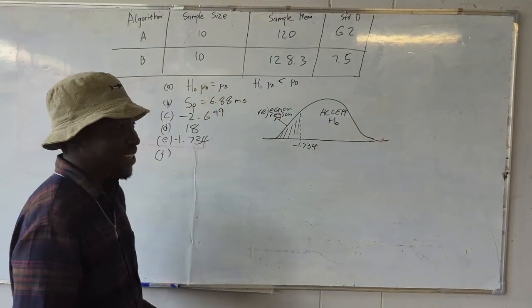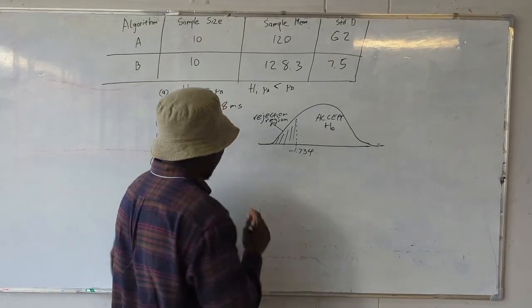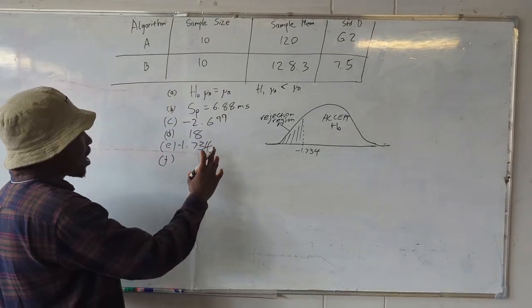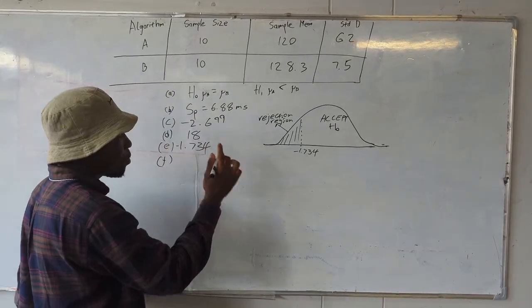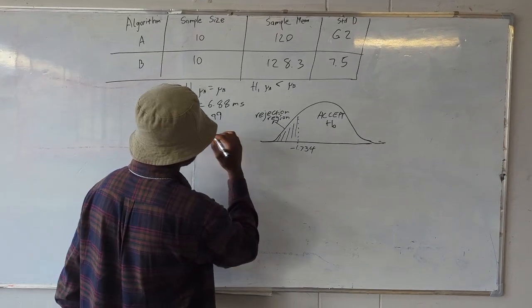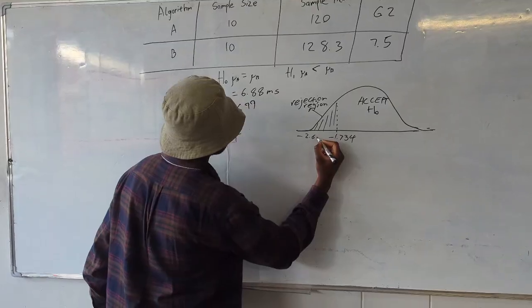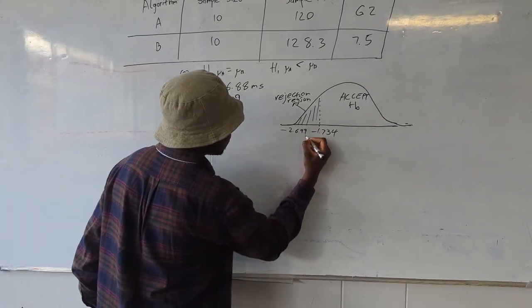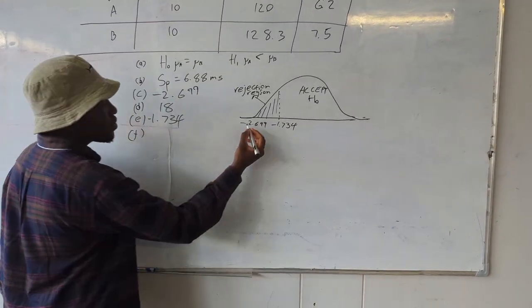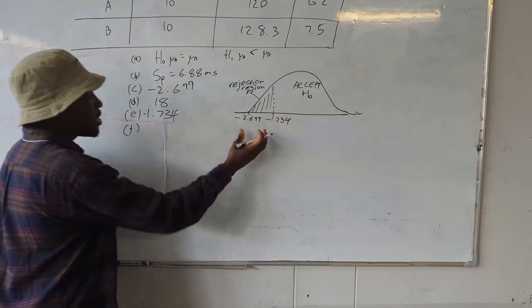Our calculated value is negative 2.699, so this value falls in the rejection region.